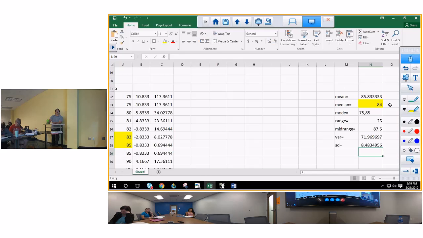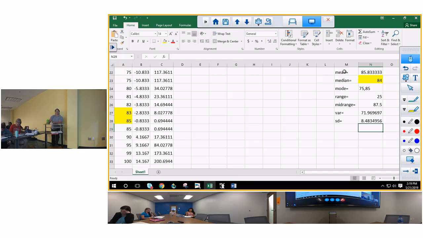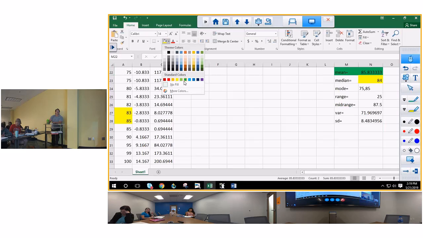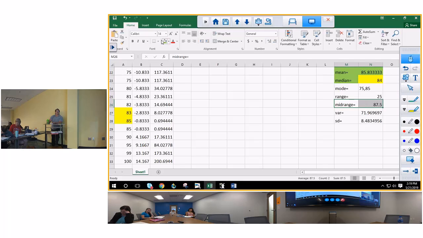Now let's do our comparison. Our mean, our median, our mid-range, how are they looking? 86, 84, and 87 or 88. That's pretty good. Now draw your normal curve and your empirical rule.